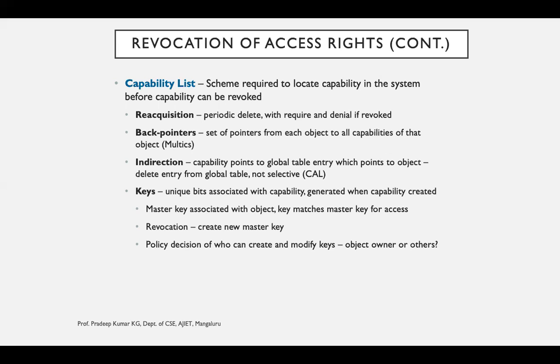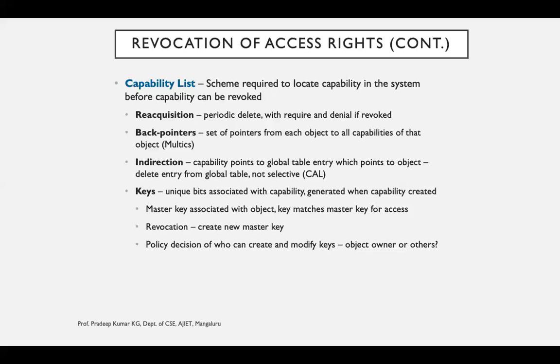Now, how to do that? We have some steps that should be followed. The steps are necessary because we are supposed to identify the exact keys and locks, and then identify which capability list we want to revoke.